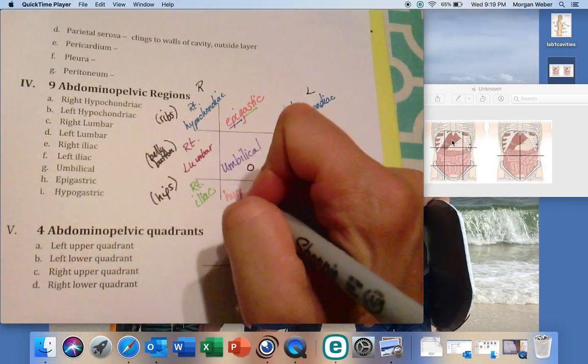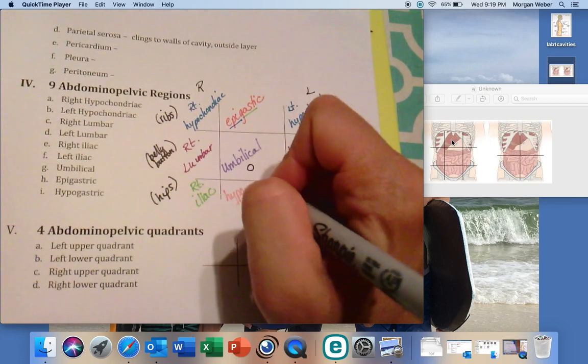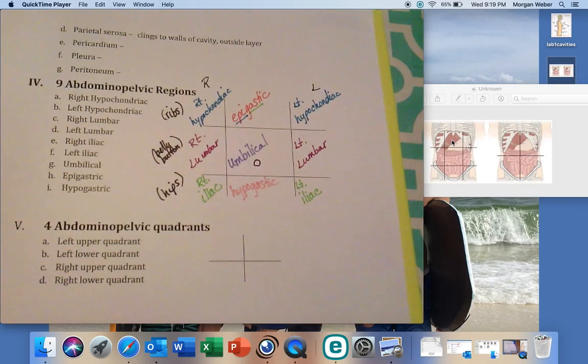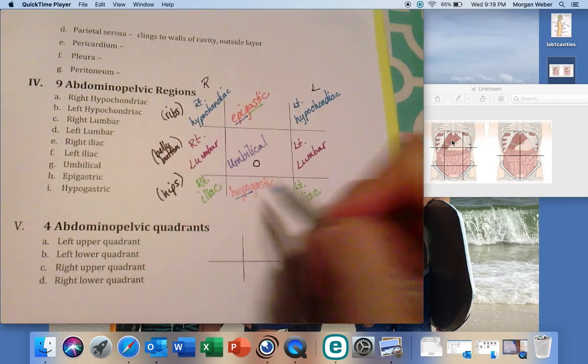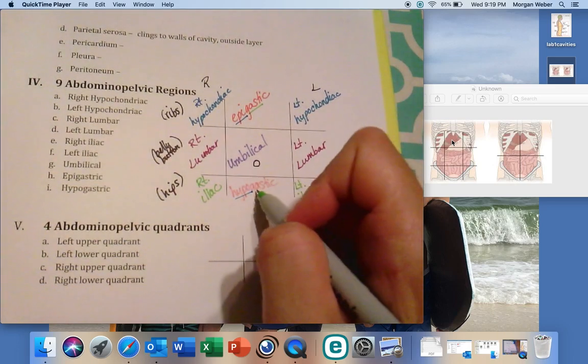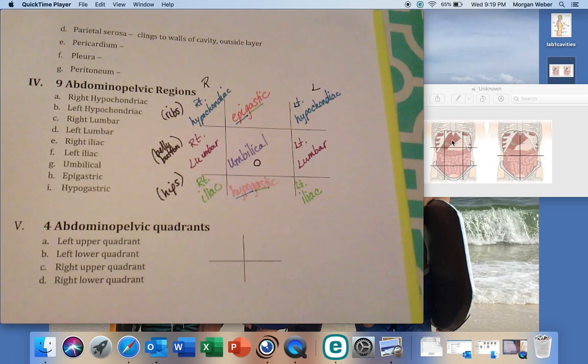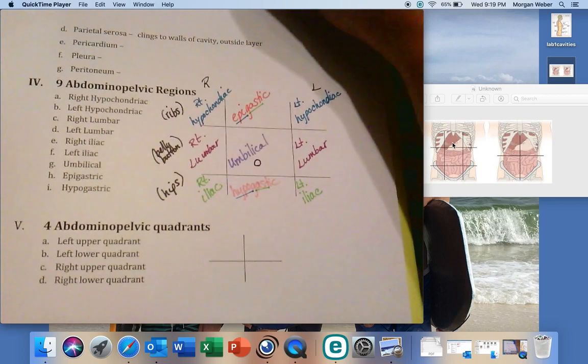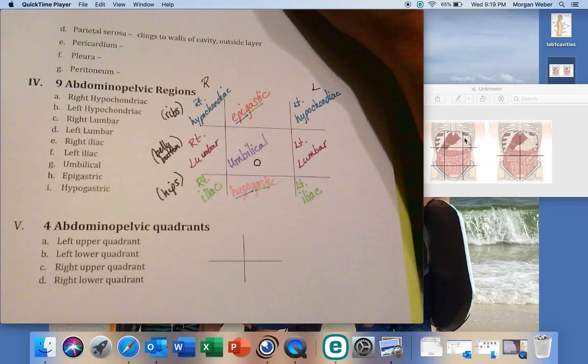So med-term, we said hypo is below, under. So it is under the stomach. It may be really far under the stomach, but it is still under the stomach. So we'll underline those med-terms so that we remember that. So again, we're referencing this picture right here, and you'll see that on your Quizlet and your quizzes.